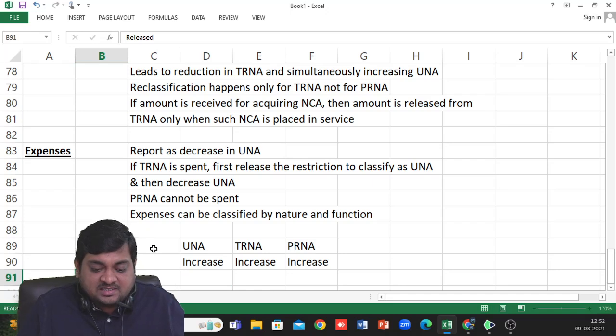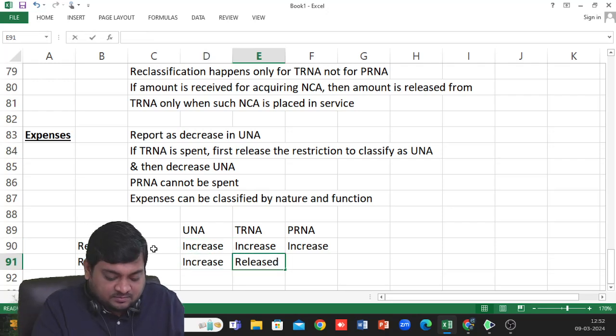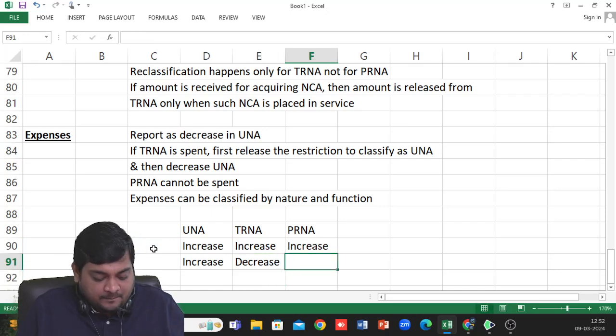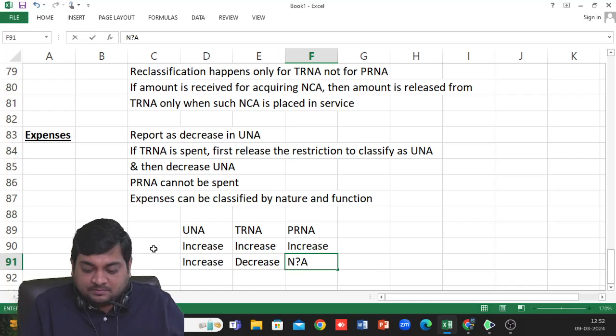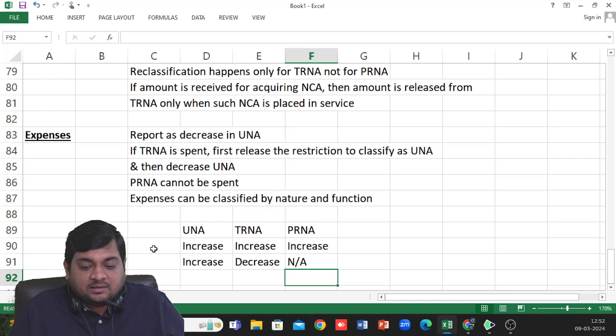If it is released, this will increase, this will decrease, and not applicable. Right?